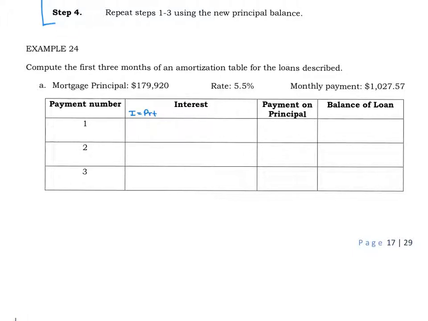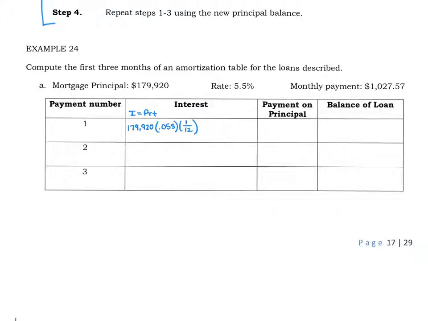Okay? Now, this principal is how much you still owe at the time of your payment. Okay? So in this case, the principal amount is the $179,920. That's what you owe. You're making your very first payment. Your interest rate was 5.5%. And your time, because you're making one payment out of a year, time is, remember, in years.